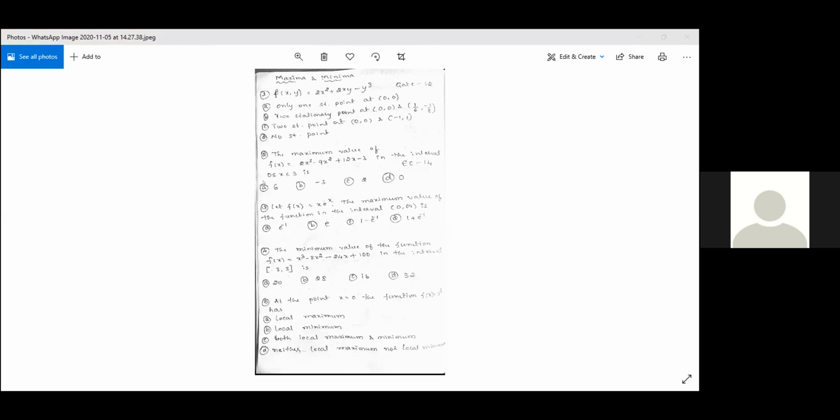Now note down the function: 2x cube minus 9x square plus 12x minus 3.